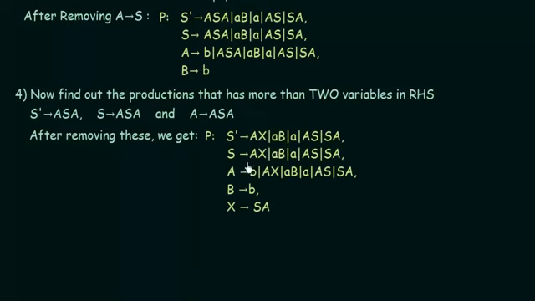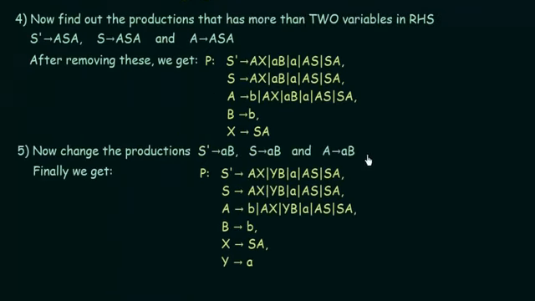And even in S, instead of ASA I will write A, and instead of SA I will write X, and the rest of the things remain the same. And even in A I do the same thing. Instead of ASA I just write A followed by X, and then B remains the same. And now I have to add a new production, X gives SA, because all the SAs were replaced by X. So X gives SA is a new production that we have. We are done with that, and now let's go to the next step.